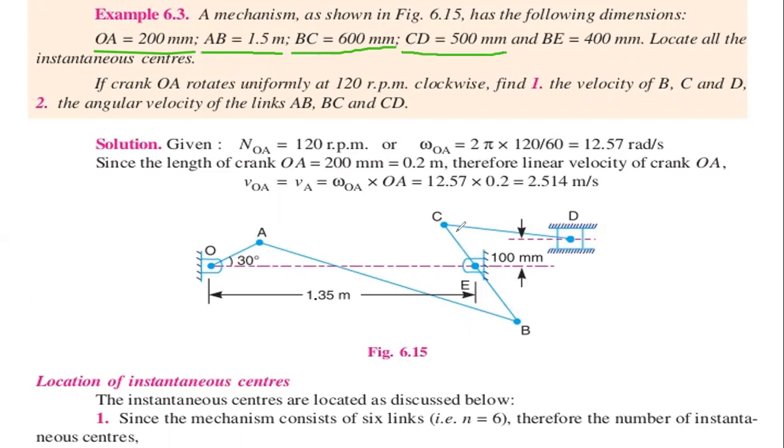We have another length, that is BE, which is the fixed point, so BE is equal to 400 mm. Locate all the instantaneous centers.